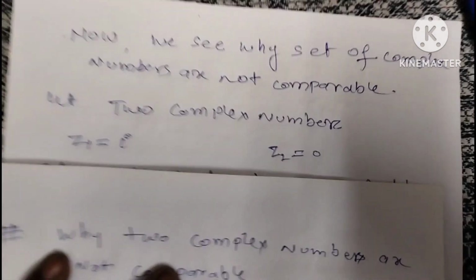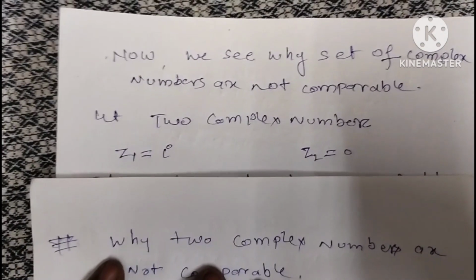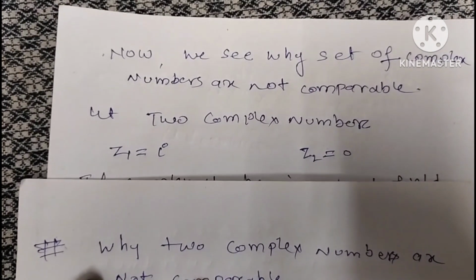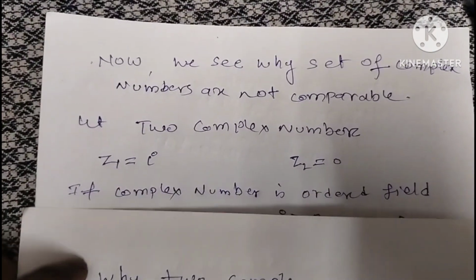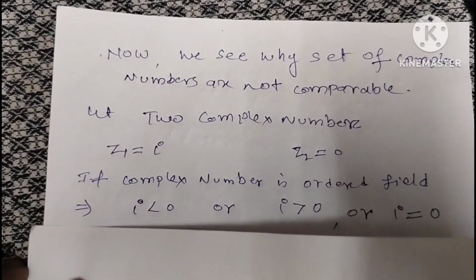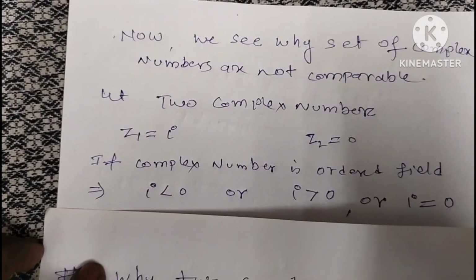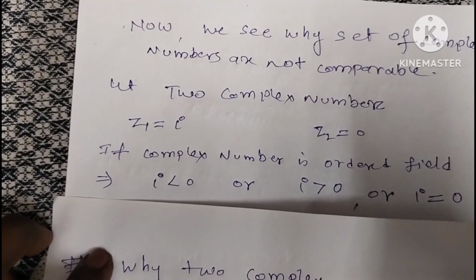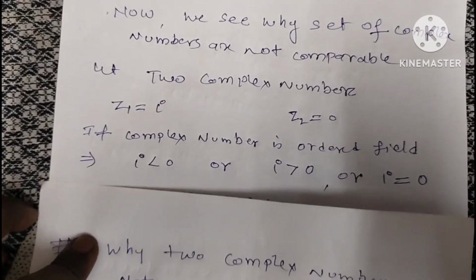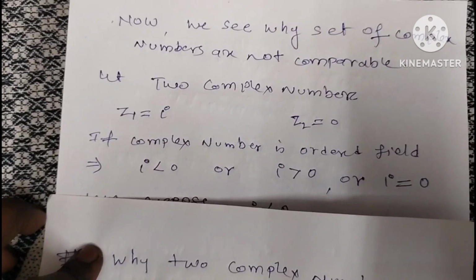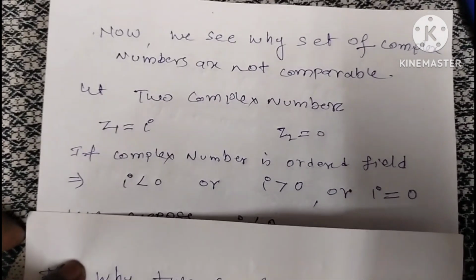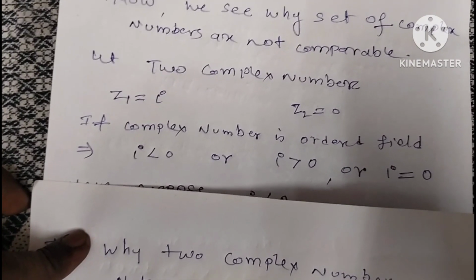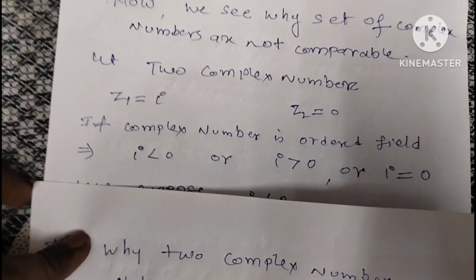So we have taken two complex numbers. If we assume these two complex numbers are comparable, that means either iota is less than 0, or iota is greater than 0, or iota is equal to 0.